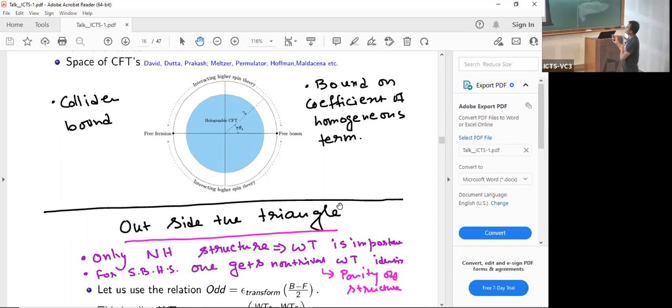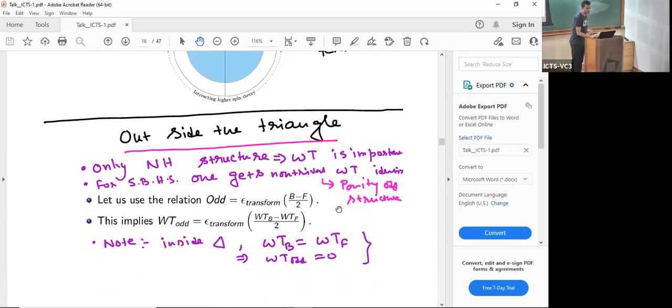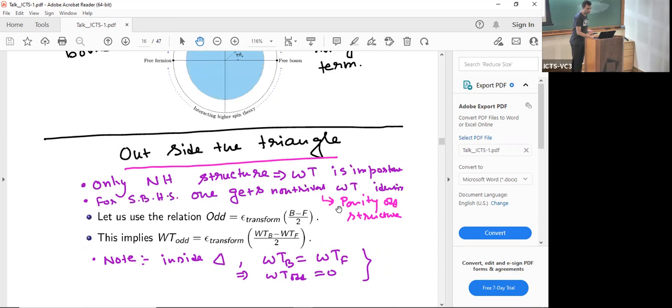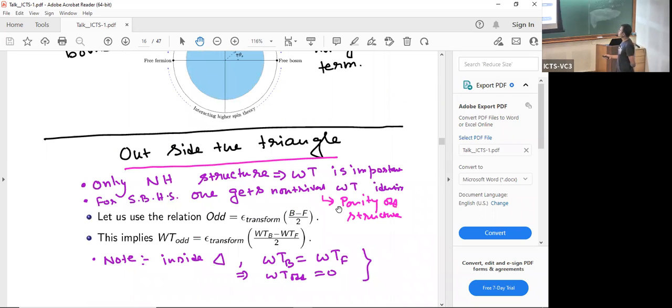Okay. Now, going outside the triangle, something very interesting happens. Outside the triangle, I discussed that there is only parity even structure when it is conserved. But outside the triangle, the parity odd structures are also defined through the same epsilon transformation.